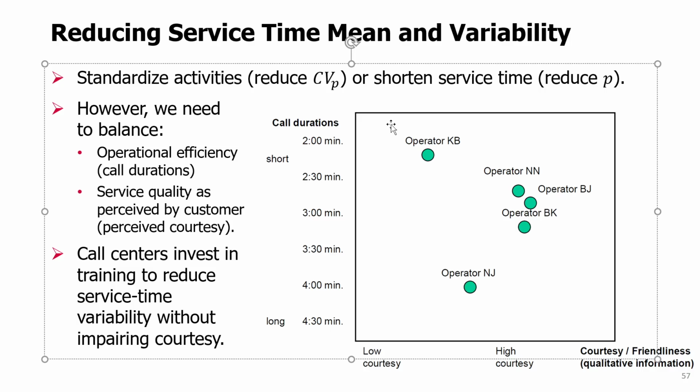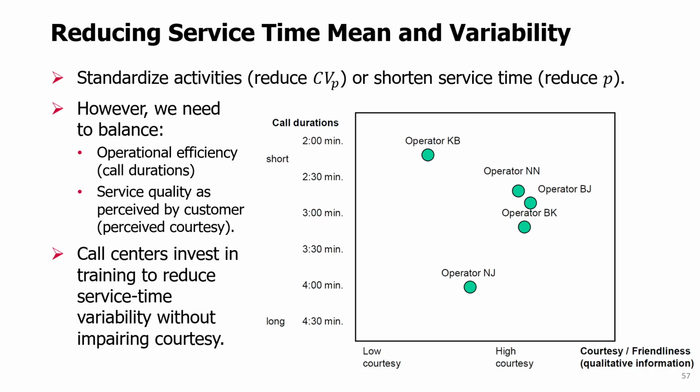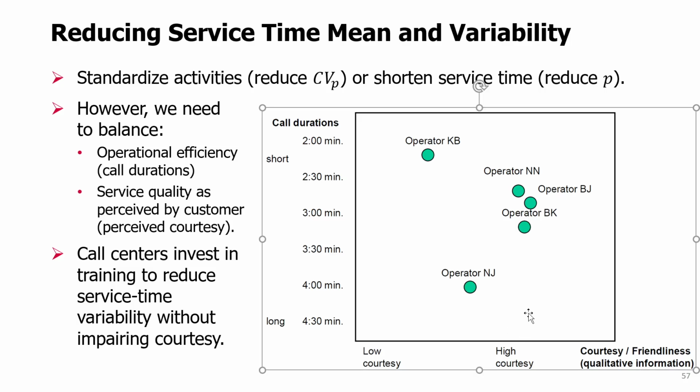Here is an example of a study that was done for 5 operators, comparing 5 operators on their call durations. Notice short call durations are here at the top, and friendliness or courtesy as measured by some kind of customer feedback is shown here. High is here, low is here. So you see that there are maybe these operators that are perceived as friendly and have reasonable call durations.